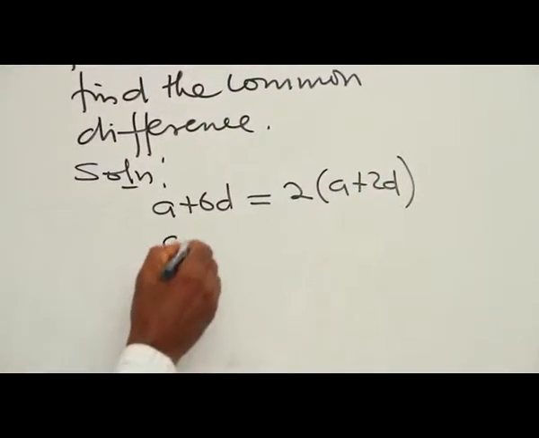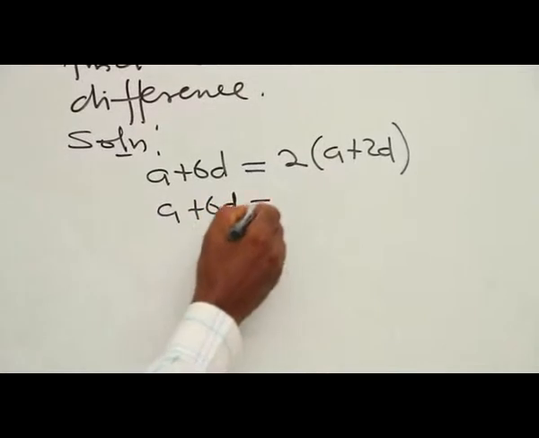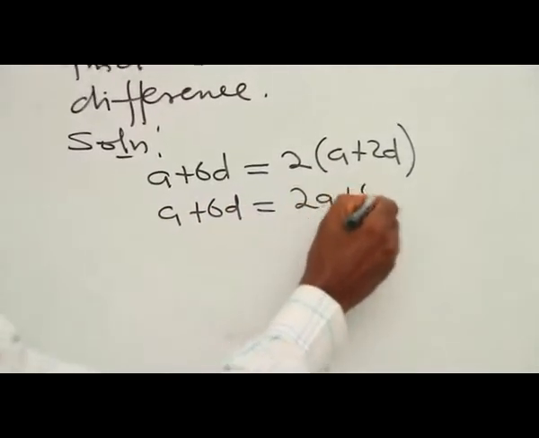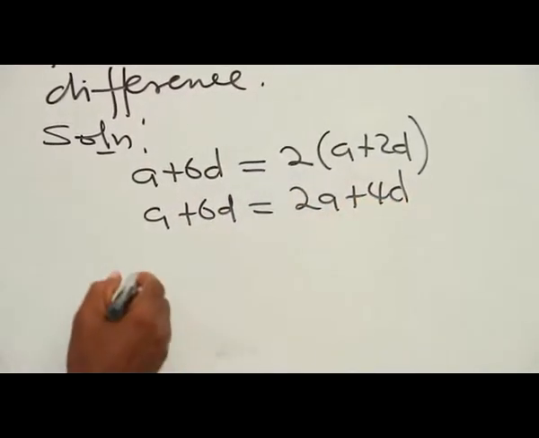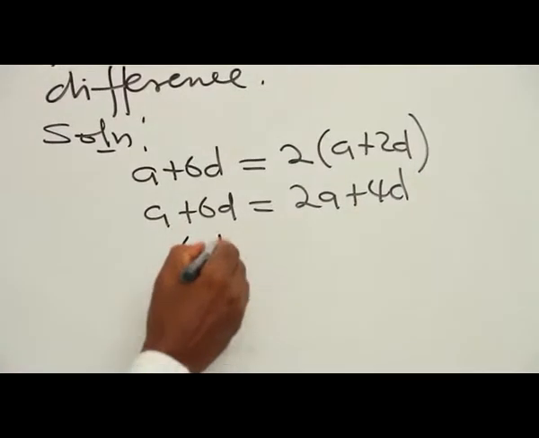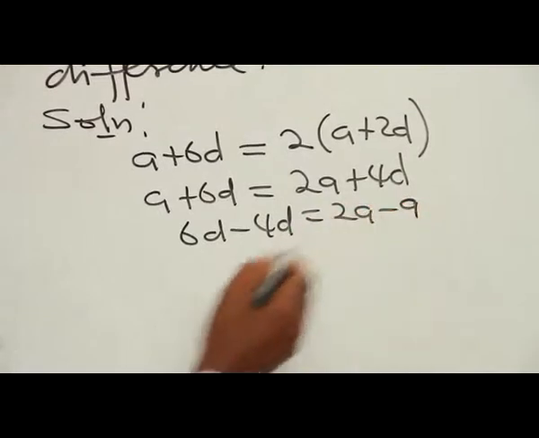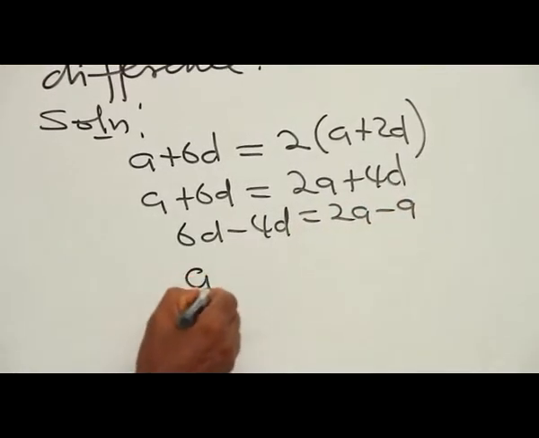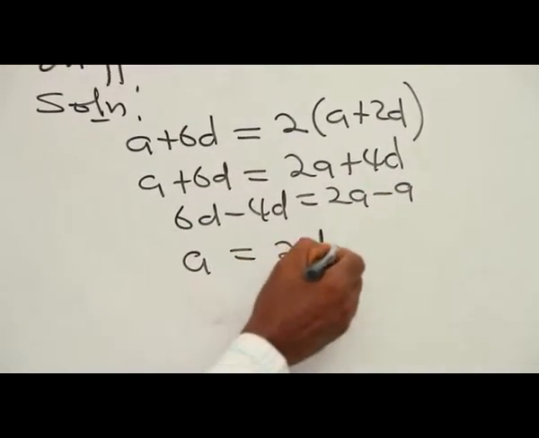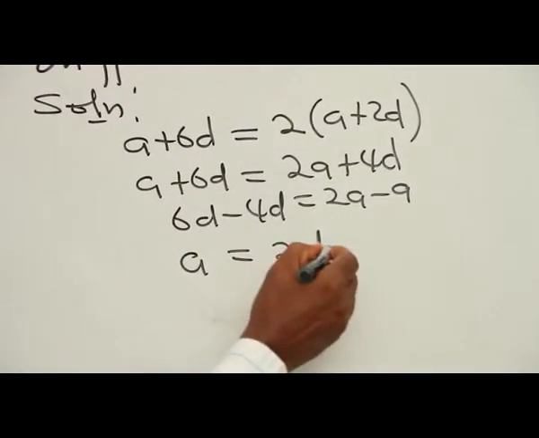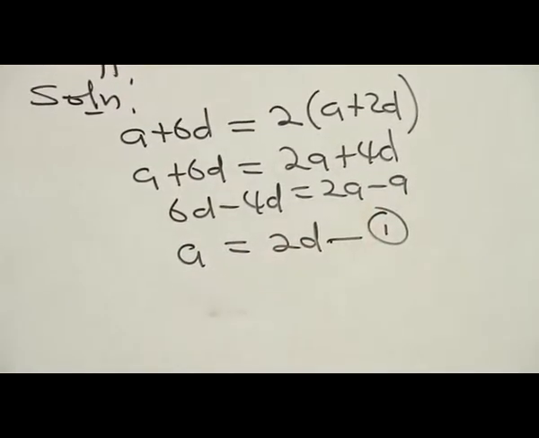In other words, we have a plus 6d is equal to 2a plus 4d. And that means 6d minus 4d is equal to 2a minus a, giving you a is equal to 2d. You can call this your first equation.